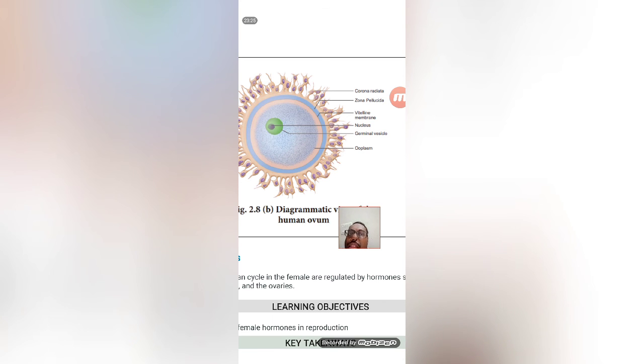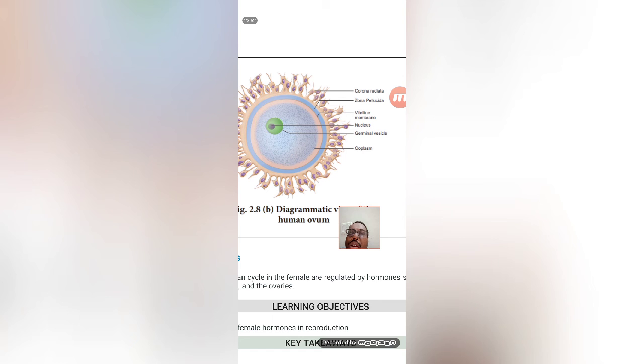And that vitelline membrane serves as the boundary between the zona pellucida and the ooplasm. This function I will explain later. Then comes the zona pellucida, another big layer on that, and the very first layer is the corona radiata.